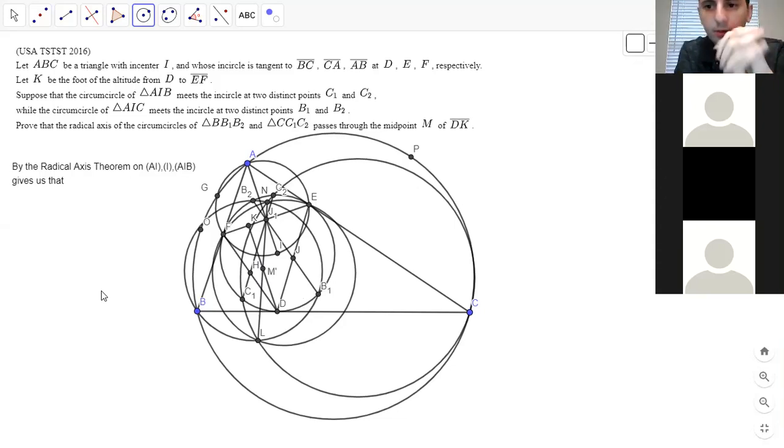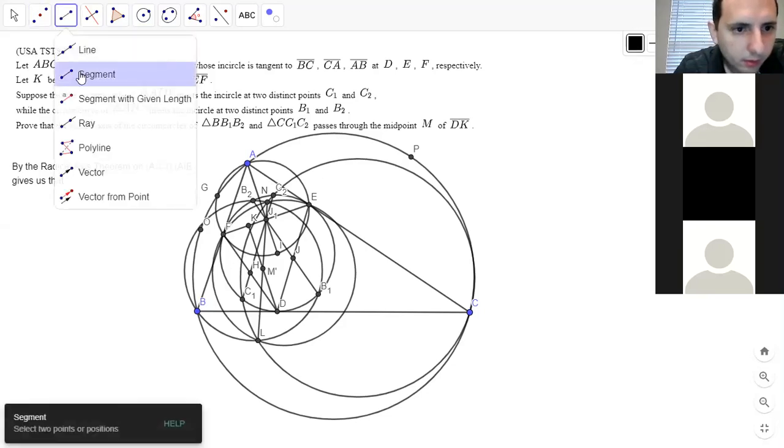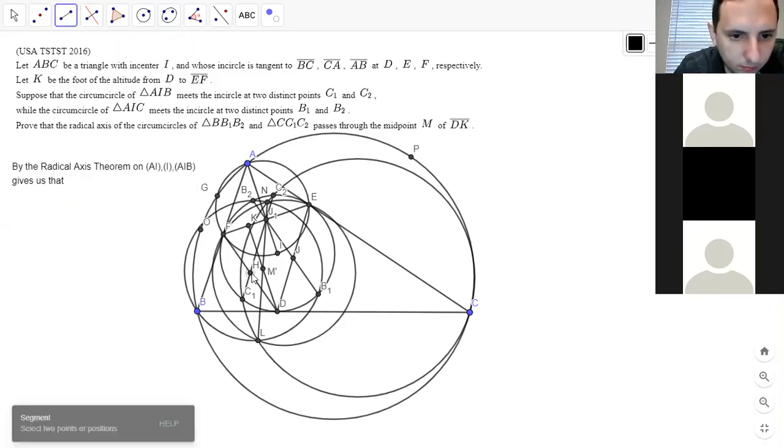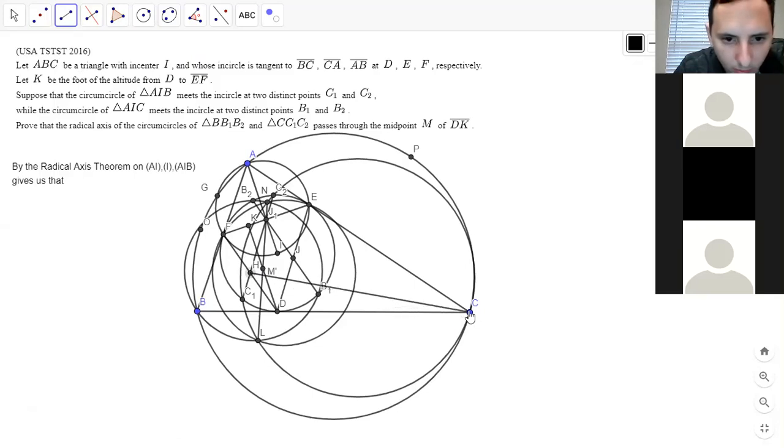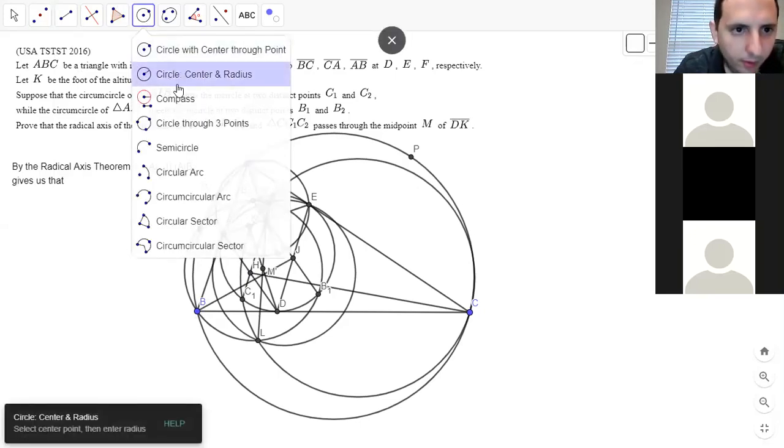Does HC intersect BJ? Also lie on LN. Let's see. It's HC. And yeah, looks like it. Since BJHC is cyclic, maybe we can go from there.